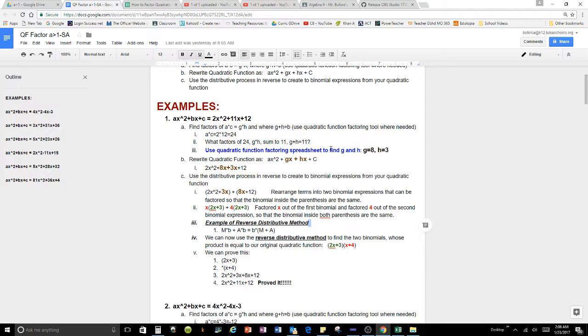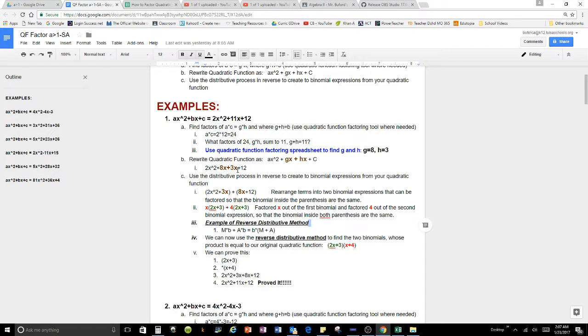Because when you think about it, our b here is 11x, and what we have here is gx, which is going to be 8x, and hx, which is 3x. So we're really just taking that 11x and breaking it up into two pieces. And so that's what we do here.